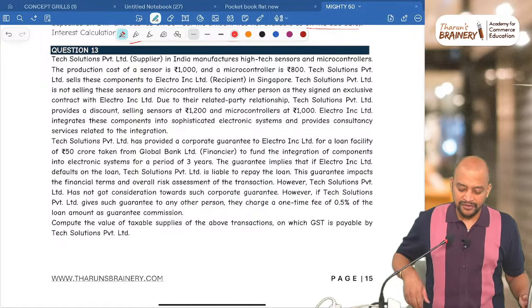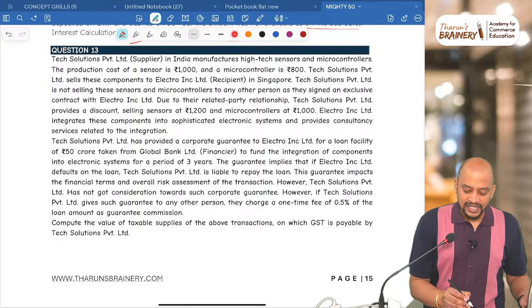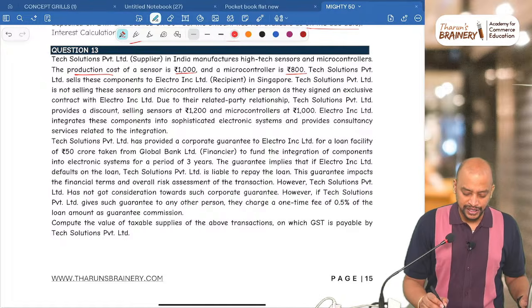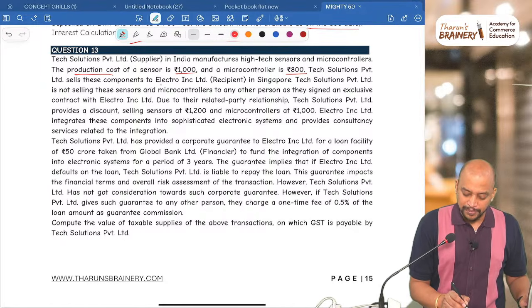First, they are manufacturing high-tech sensors and this is the production cost. This is the price at which they are selling? No. Tech Solutions sells these components in Singapore and they are not selling this to any other person. So they are selling it to one related person, Electro Incorporation, recipient in Singapore, and they both are related.